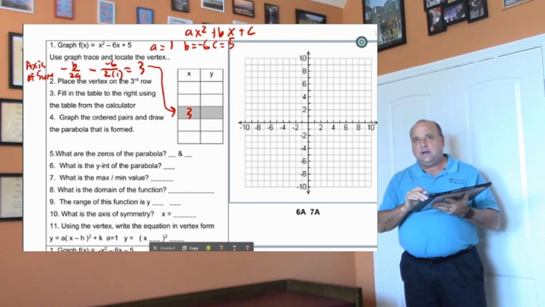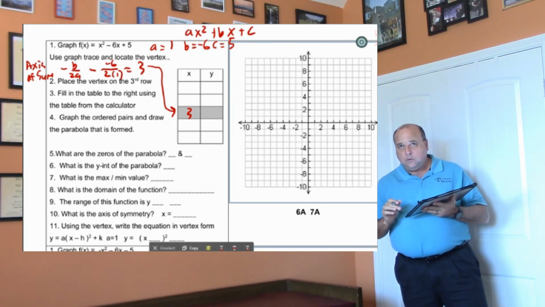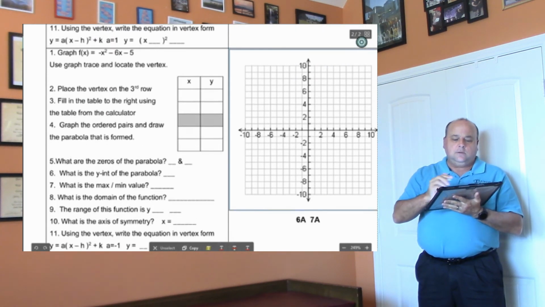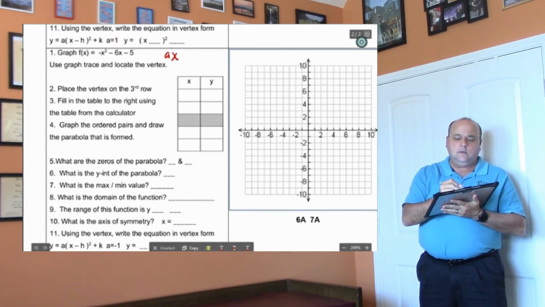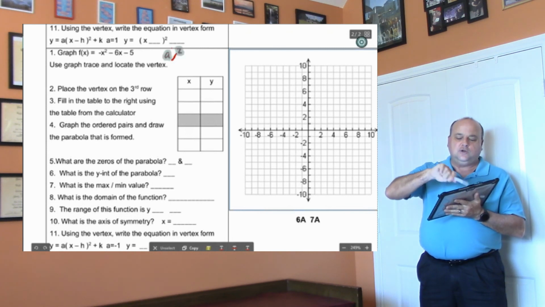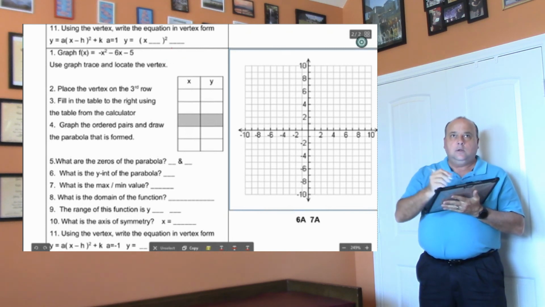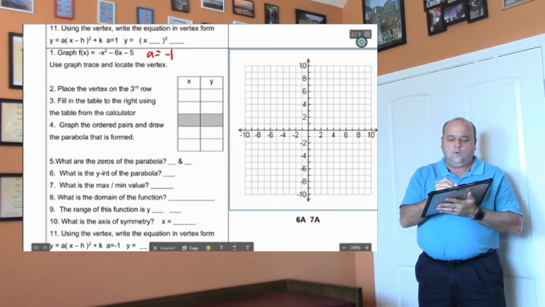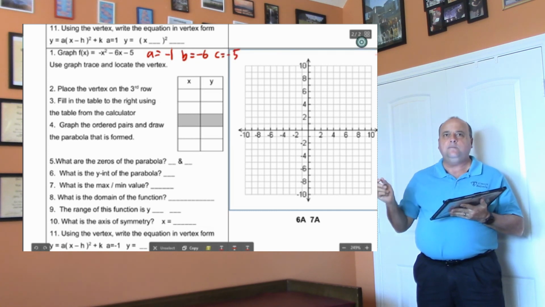Let's go down to the next one. And let's do this one. So remember, ax². Let's just do the a equals, b equals, c equals. So a equals -1, b equals -6, c equals -5.